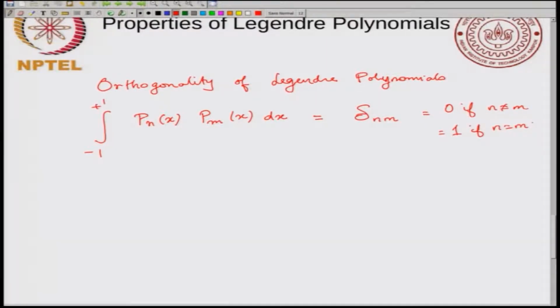Now this is an extremely powerful relation, the orthogonality of Legendre polynomials. Actually, there is a factor of 2.